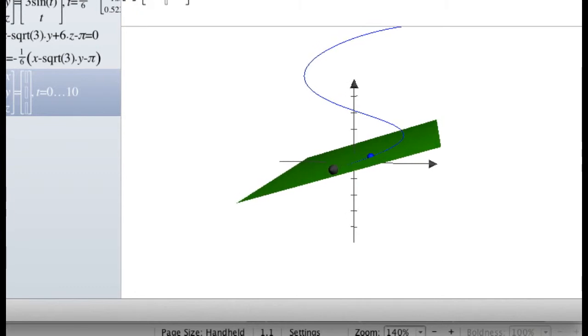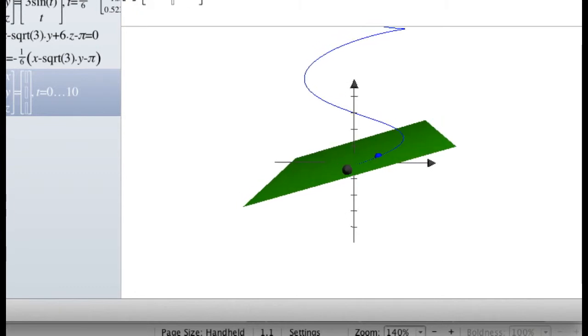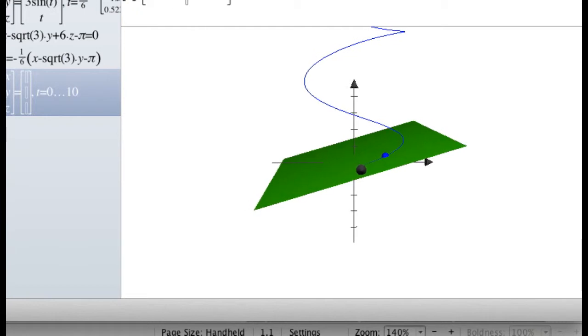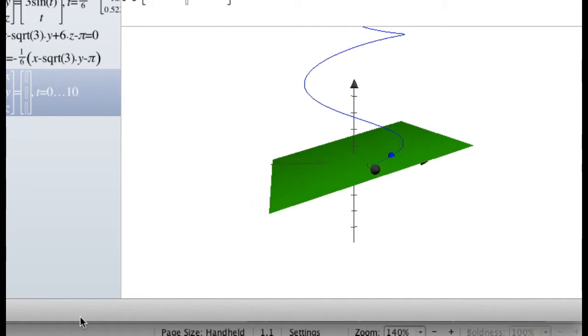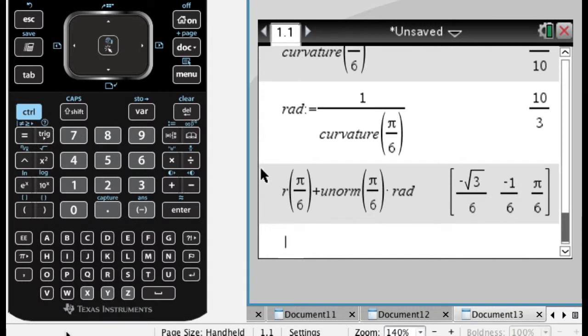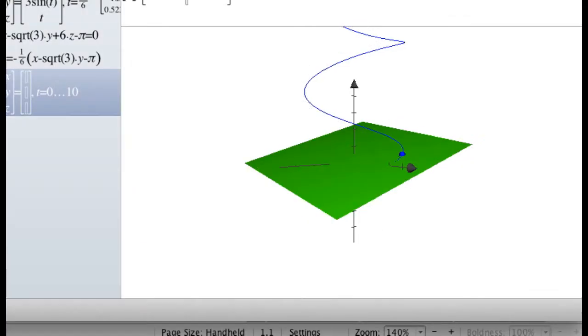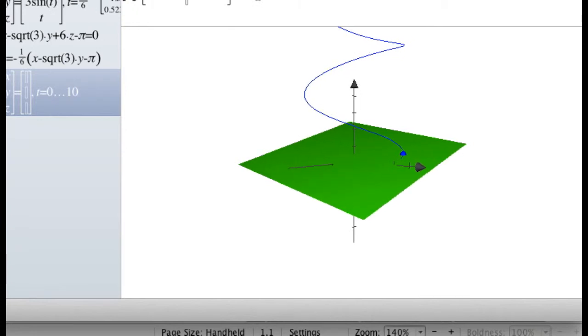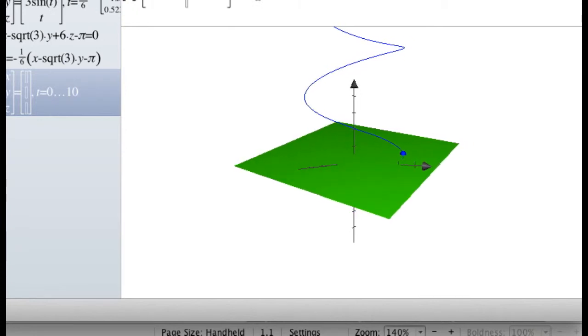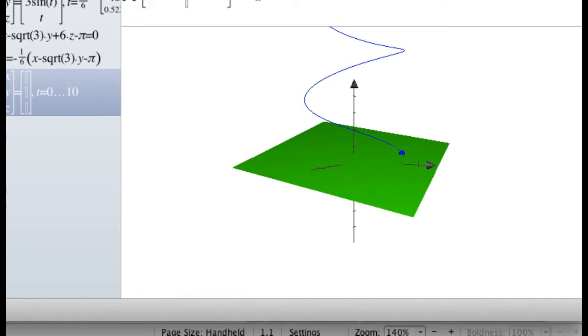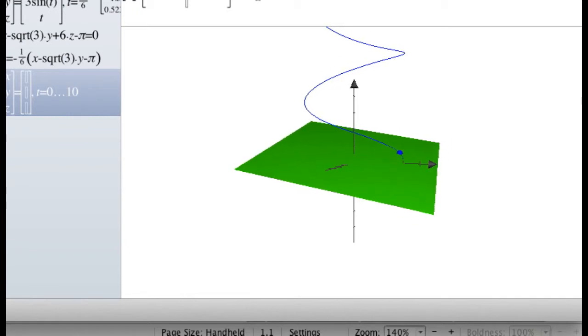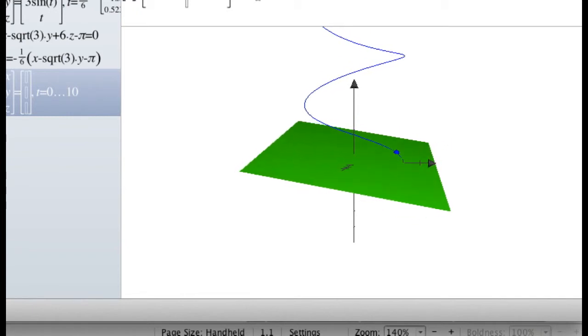So that's the center, and then the radius is 1 over the curvature, or 10/3. I'm going to go with cosine of t. For the y coordinate of the center, it was negative 1/6. So let's go back, and I'll go with negative 1 over 6, plus the radius, which is 10/3, and then sine of t.